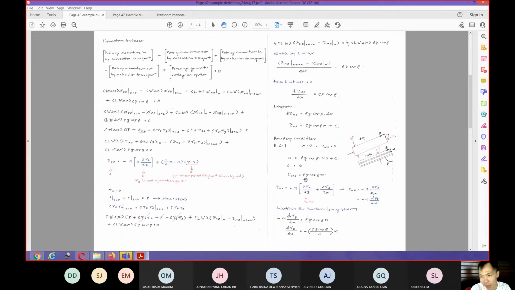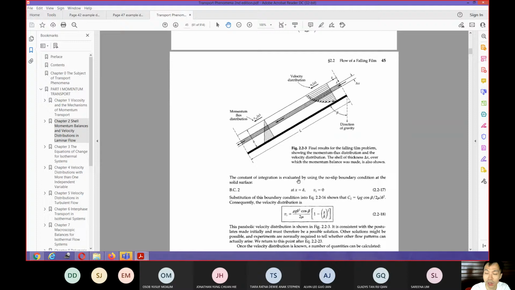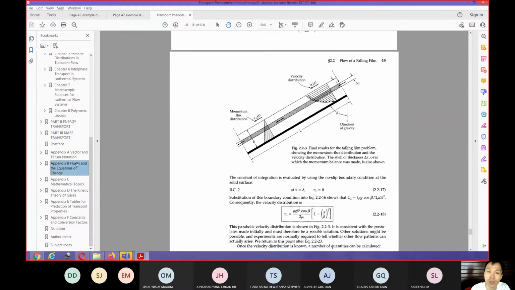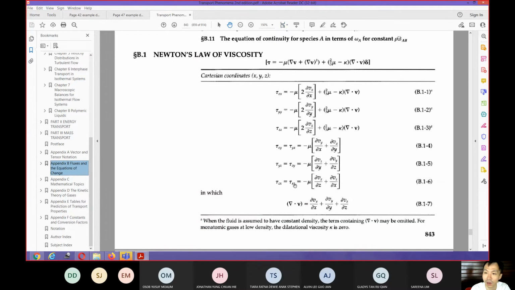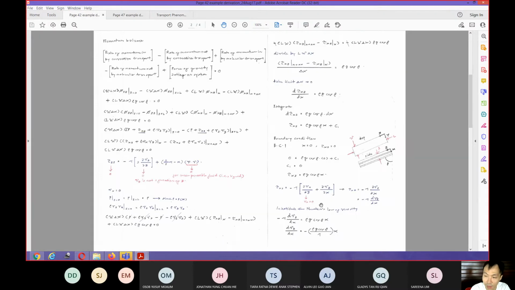Once you have this tau xz profile, you go back and check the table, or the slides, in appendix B. For this Cartesian coordinate, your tau xz is equal to these equations, right? And as you know, in your postulation before, the velocity in the x direction is 0.